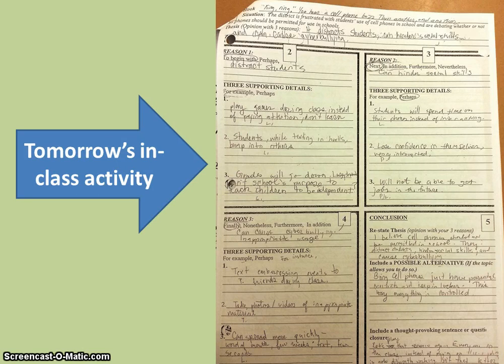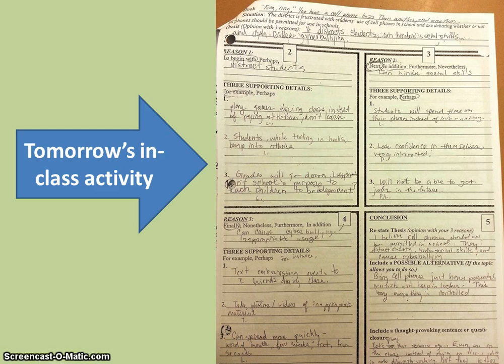Now, we've done this in the past before, and we're going to think very carefully about how we can brainstorm supporting details right here to support our reason. Okay, so obviously this is someone who was against having cell phones in school, and she came up with 3 solid reasons and 3 supporting details to prove each reason to be true. And we're going to do that in class tomorrow.